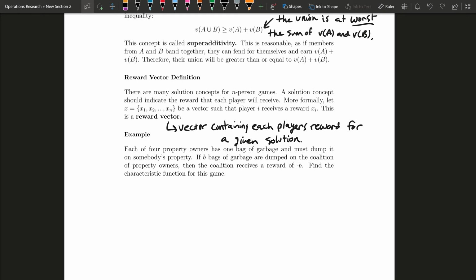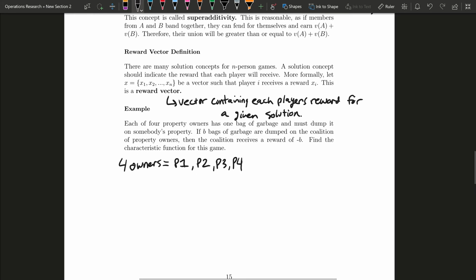So again, I'm going to start off by defining our players. We have 4 owners. So we're just going to say we have player 1, player 2, player 3, and player 4. And start off by just stating some facts with the situation of our game here.